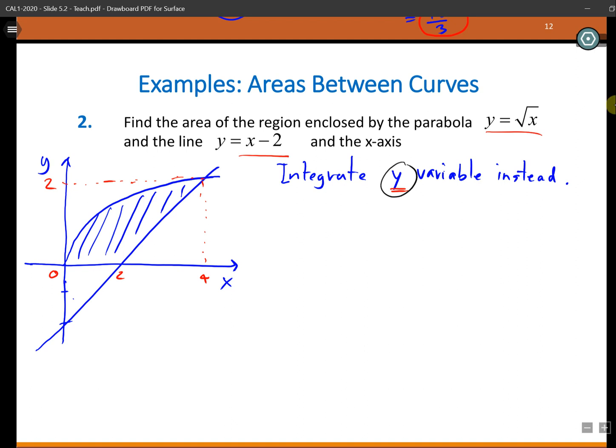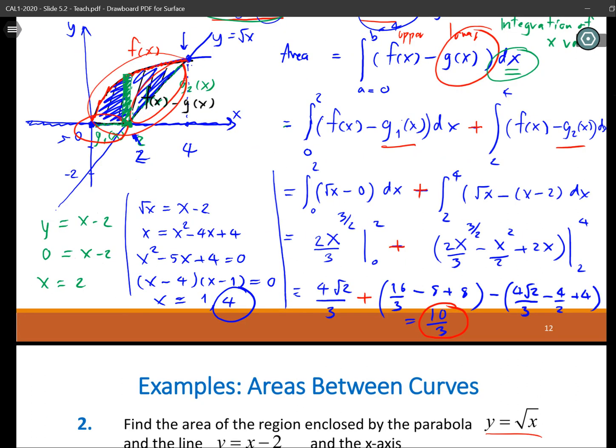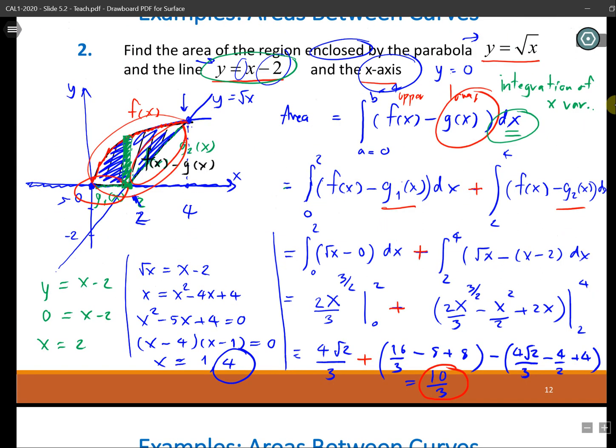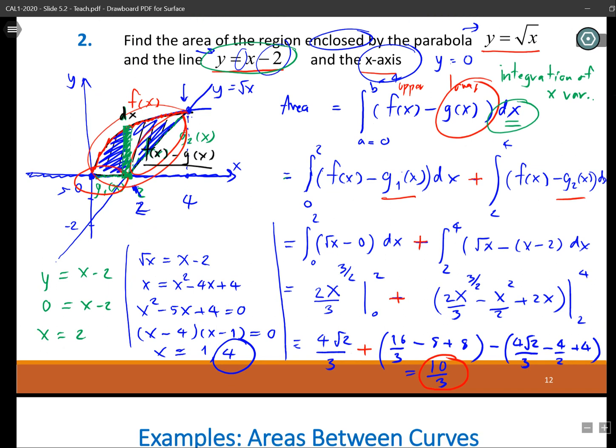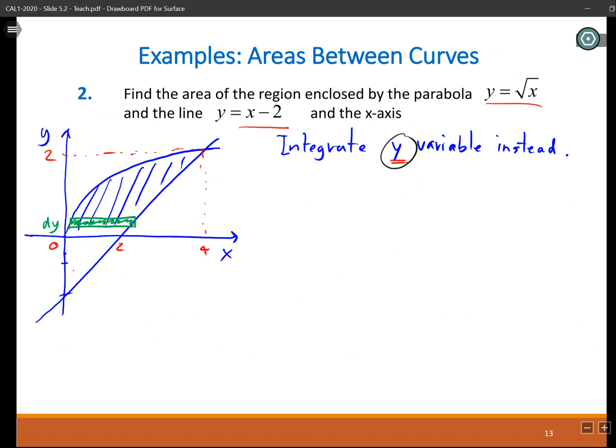So the rectangle that we had before, it's going to become like this. Okay? The height of this rectangle is going to be the change of the y variable. Before, the width of this rectangle is dx, the x variable, and the height is fx minus gx. But now it's different. The height becomes dy.